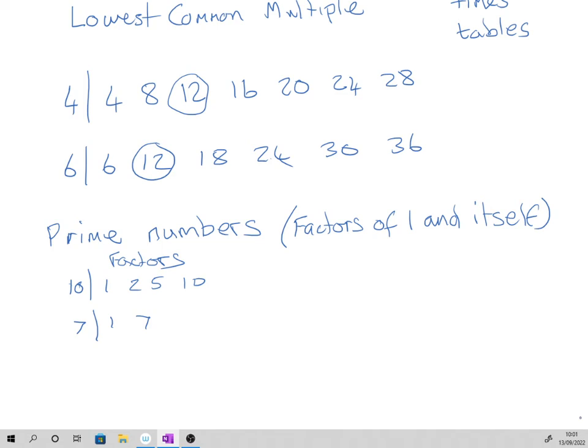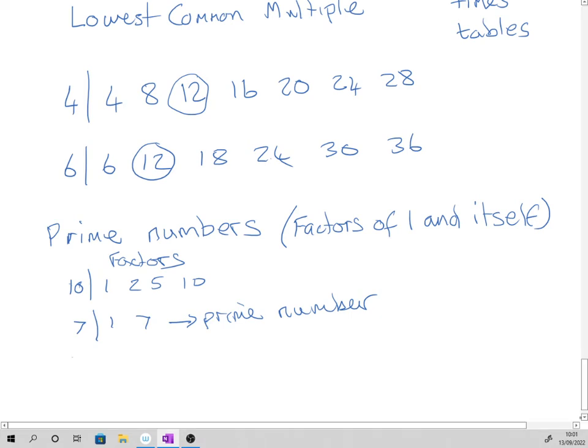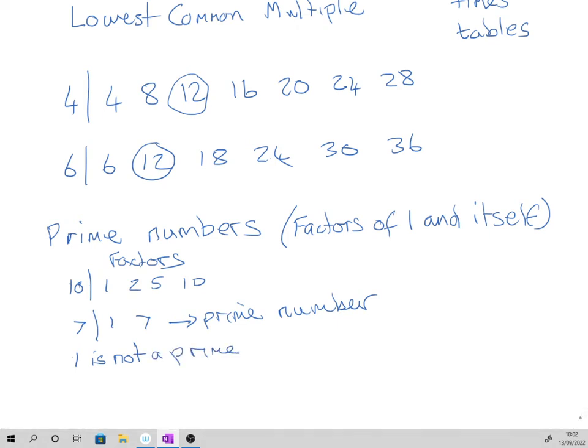So if you have a number that when you look at all the factors of that number, you can only find that it will be 1 times itself, then this becomes a prime number. Okay, so we've got the prime numbers. There is one caveat on this, that the number 1, for some reason, is not a prime number.